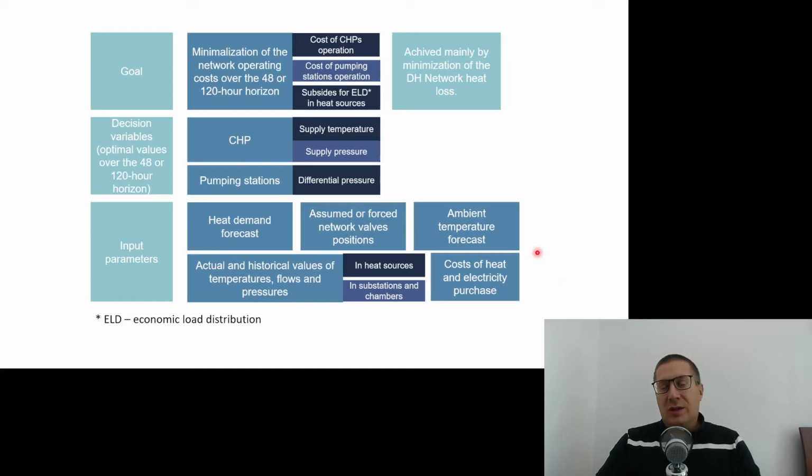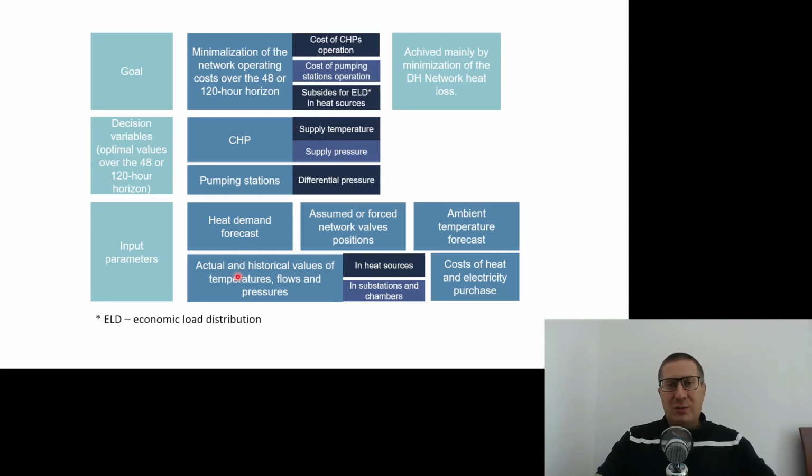We need to know the forecast of the weather, especially the ambient temperature. We need to know what is the configuration of a network, what are the valve positions in the crucial chambers, because it also defines how the network will respond to our decisions.